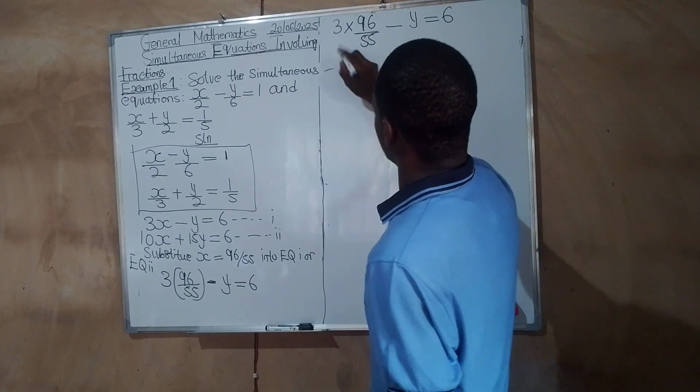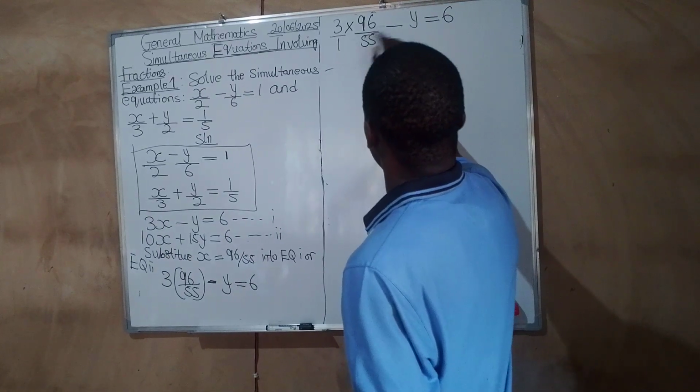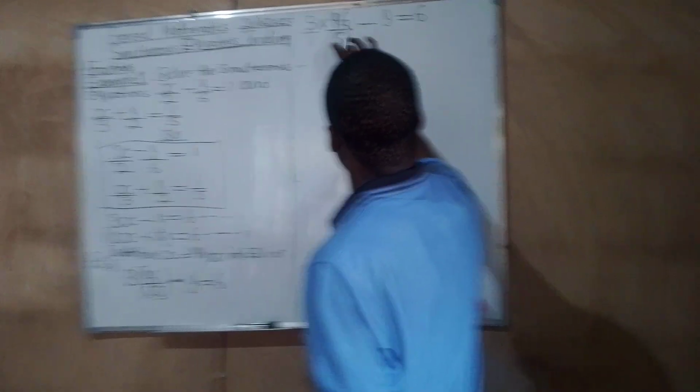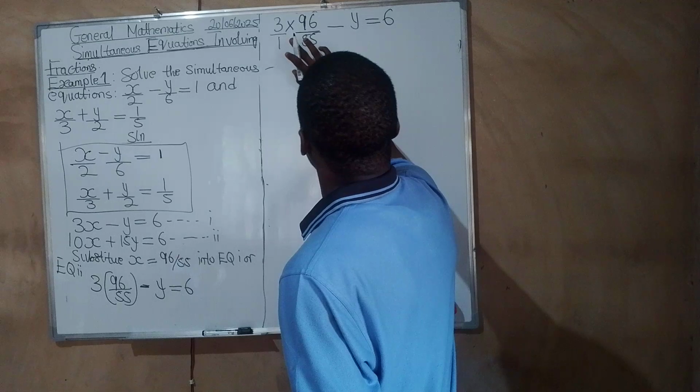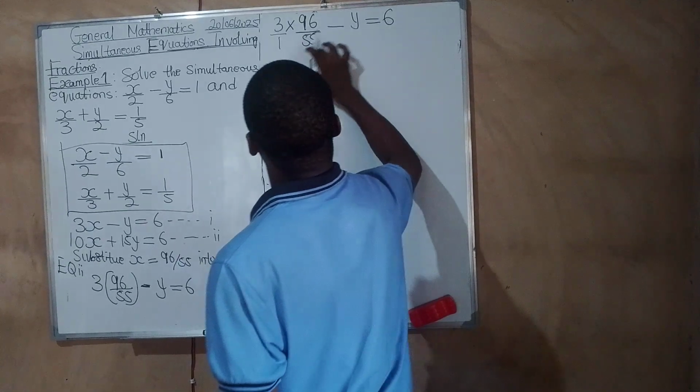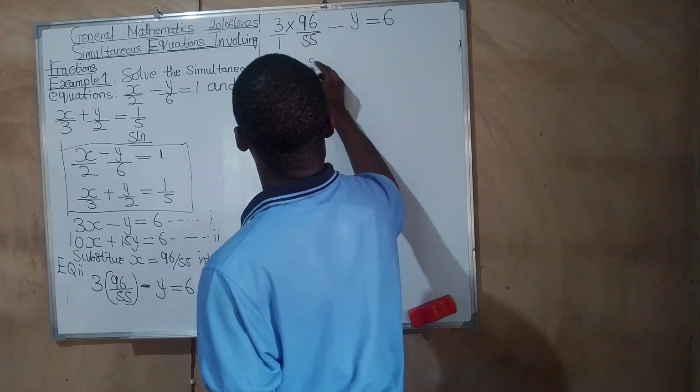This is over 1. Can anything multiply both sides? This 55 is impossible, right? So we'll multiply. We say 3 times 96. 3 times 6 will give us 18, take 1.